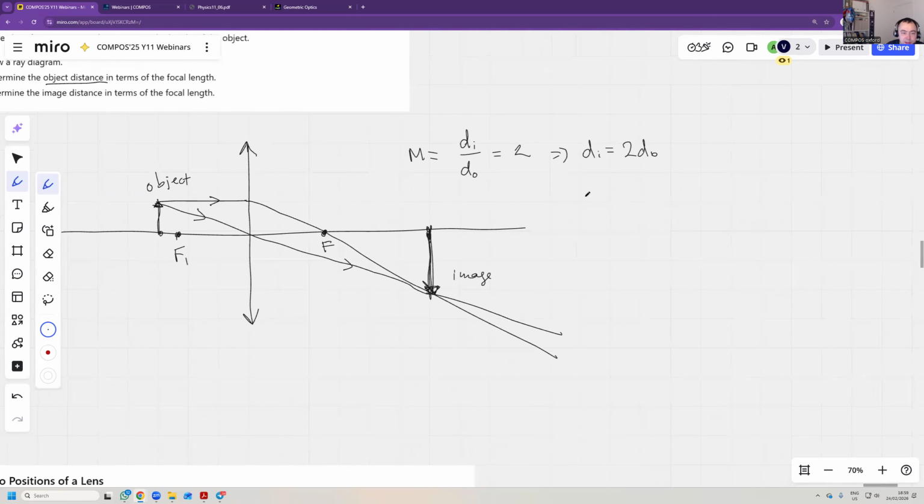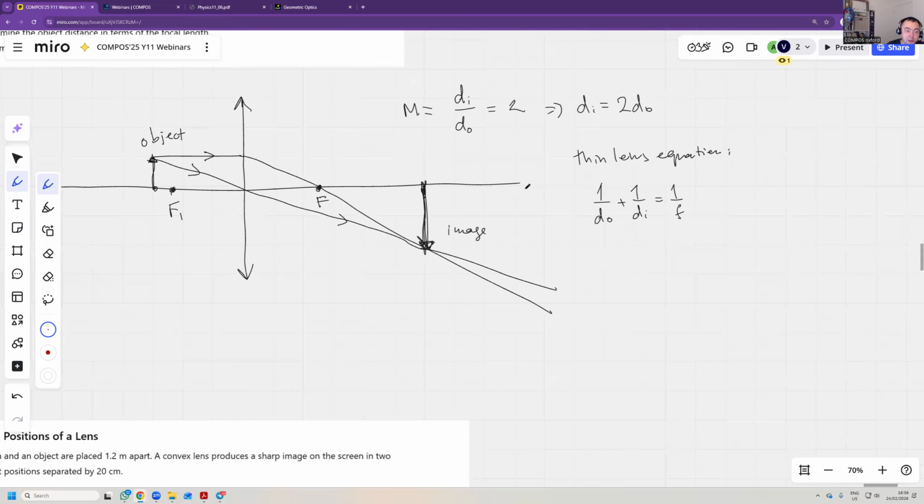And then we just write the thin lens equation. Thin lens equation. And that's 1 over do plus 1 over di equals 1 over f. It's the same as the equation of the mirror. So 1 over d0 plus 1 over 2 d0 equals 1 over f.